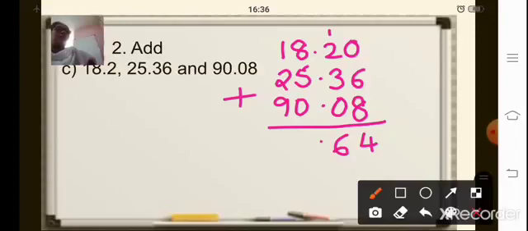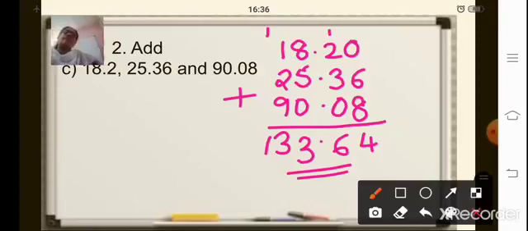Put the decimal point. 8 plus 5 is 13. 1 carry over. 9 plus 2 is 11. 11 plus 1 is 12. 12 plus 1 is 13. So your final answer is 133.64.